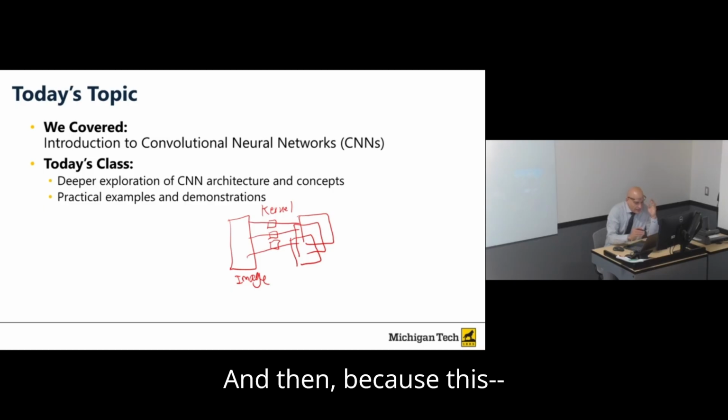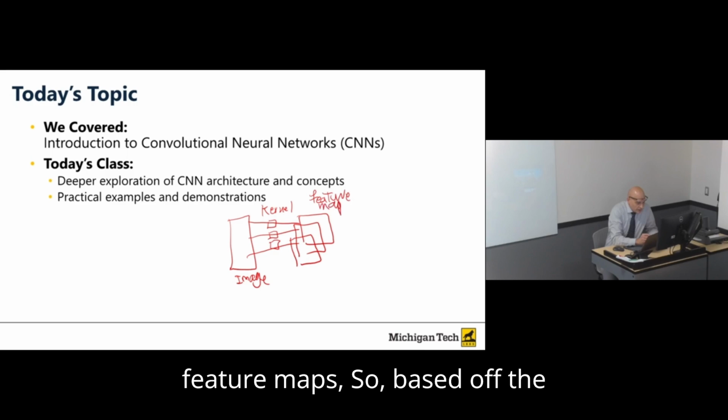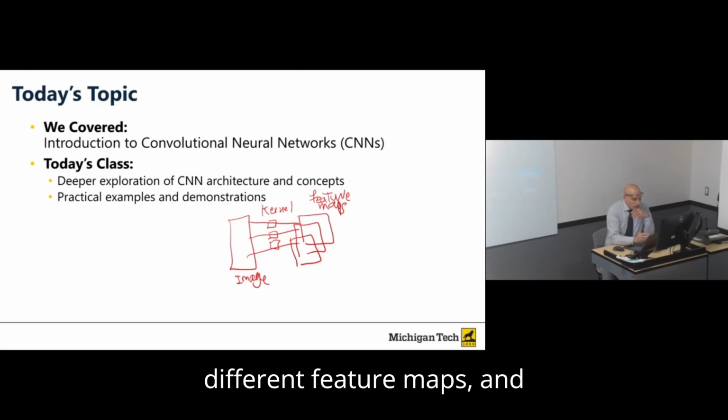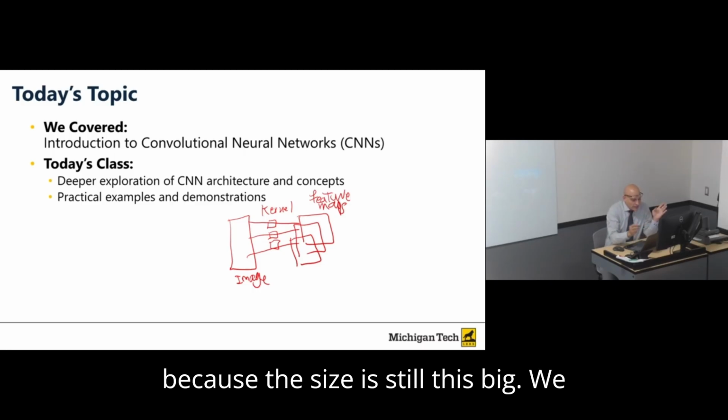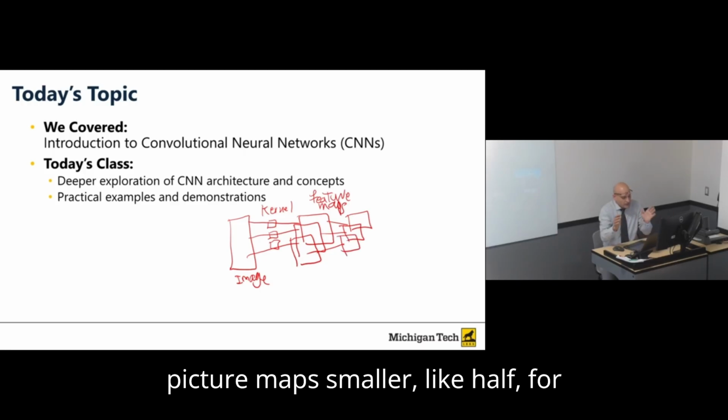We call these feature maps. Based on the number of kernels, you're going to have different feature maps. Because the size is still this big, we do another operation that we call pooling. We make these feature maps smaller, like half, for example.